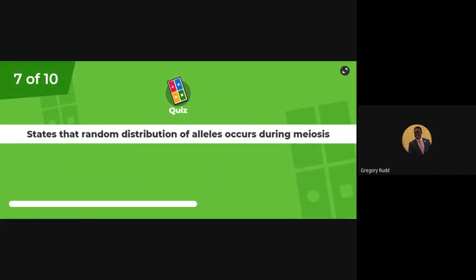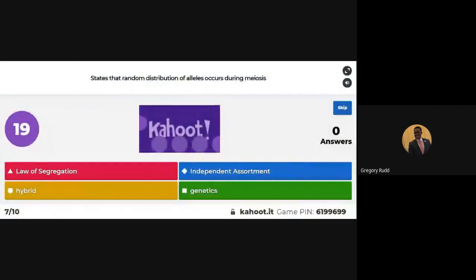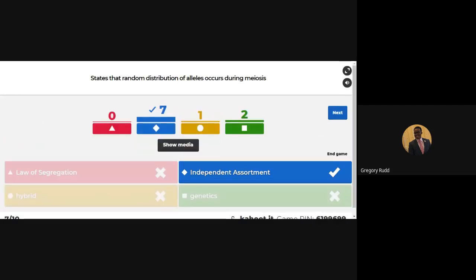States that random distribution of alleles occurs during meiosis. This is kind of a throwback way back to Unit 3. Independent assortment. Excellent. Good job. 7 out of the 10 of you got that correct.